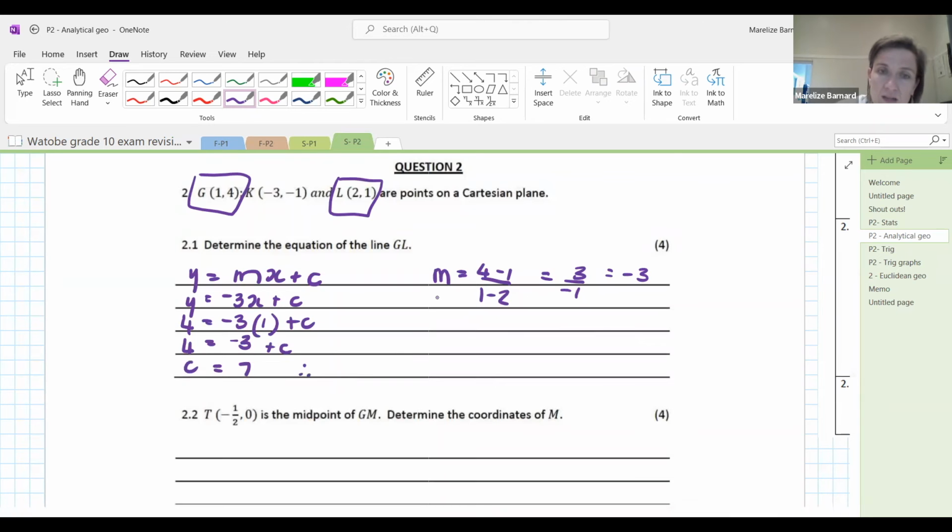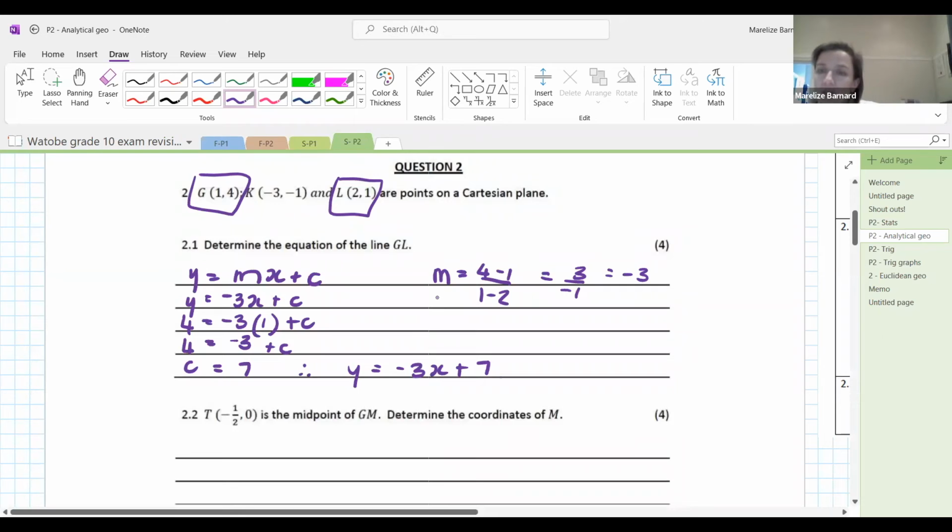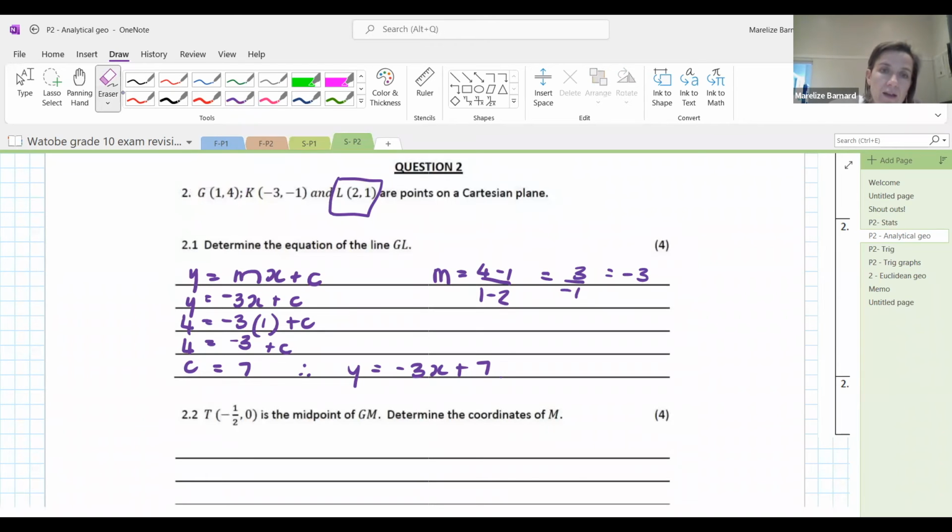Final answer is y equals minus 3x plus 7. Well done. We just get that by subbing in. Okay, let's go on to the next question.